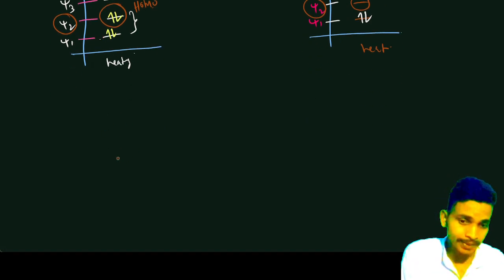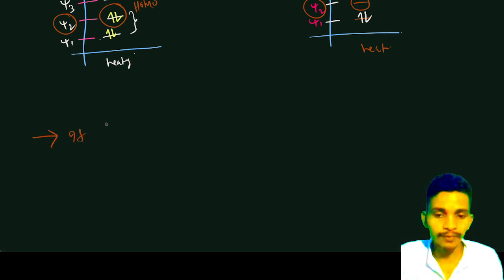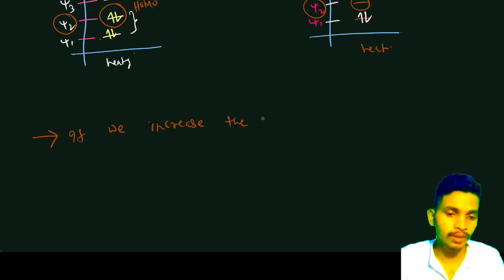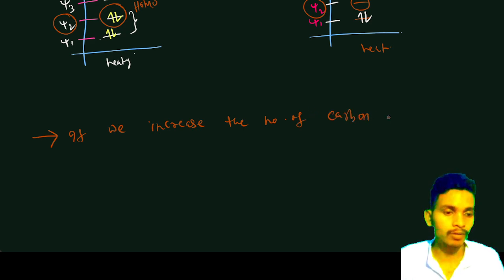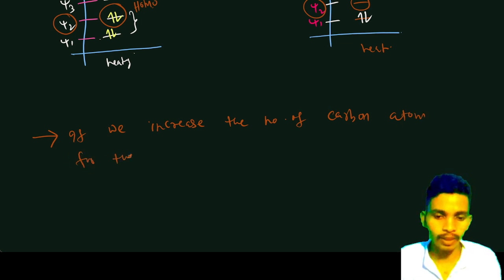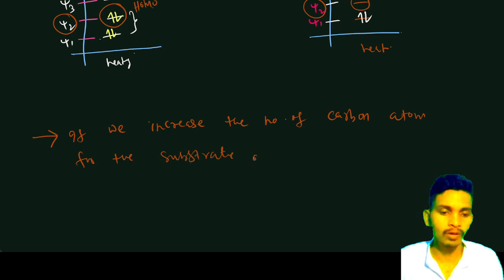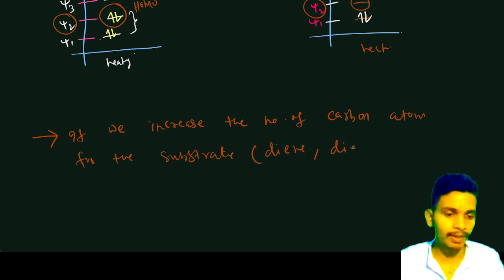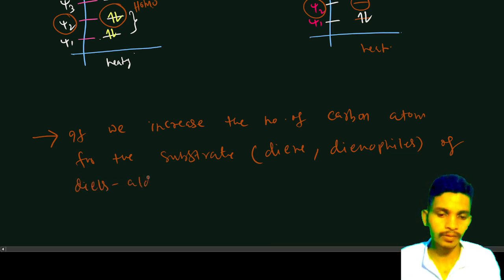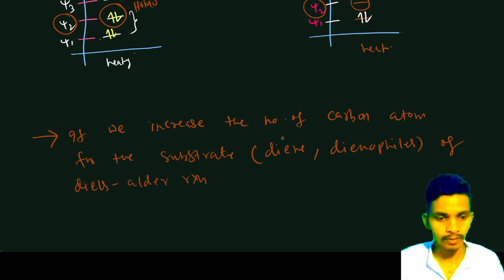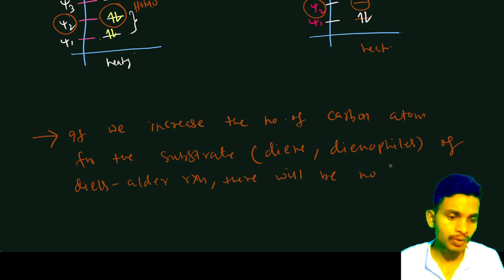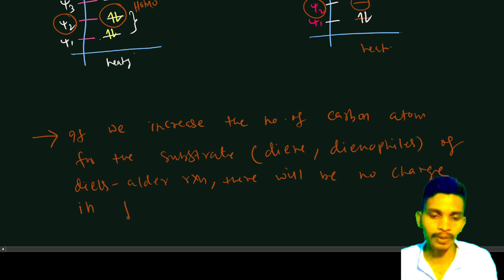So what we note is that if we increase the number of carbon atoms for the substrates, that is diene or dienophiles, of Diels-Alder reactions, there will be no change in frontier orbitals.